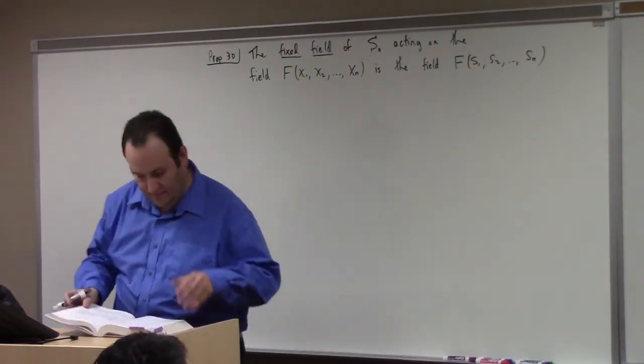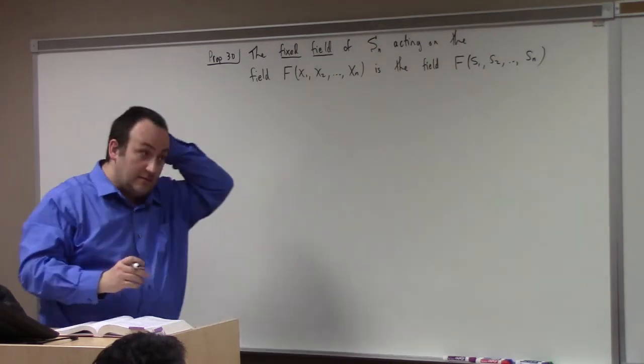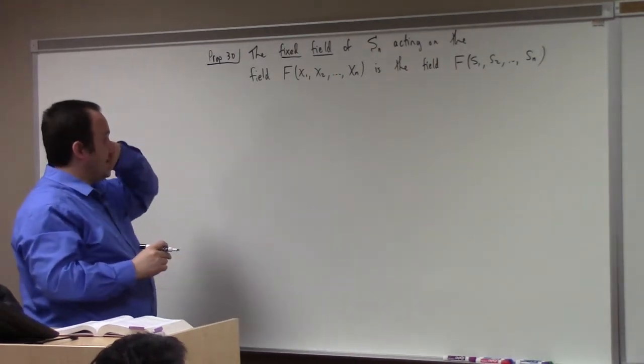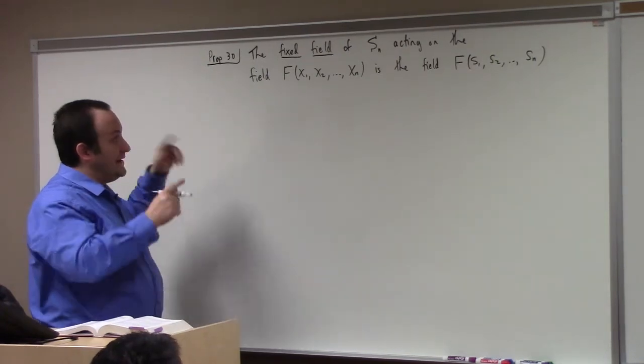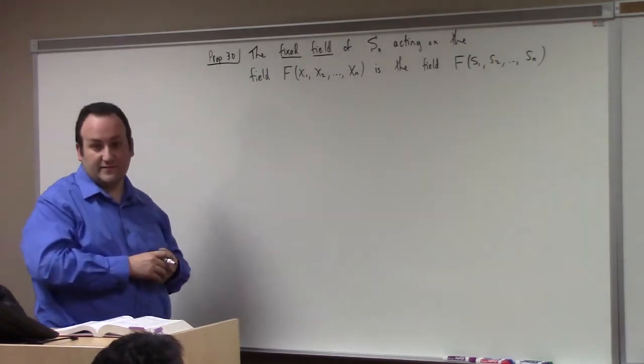Now, how does Sn act on the field of rational functions? It acts basically by permuting the indices of the x's.